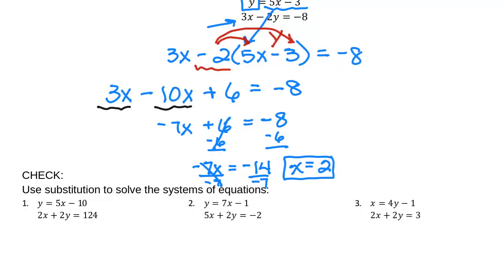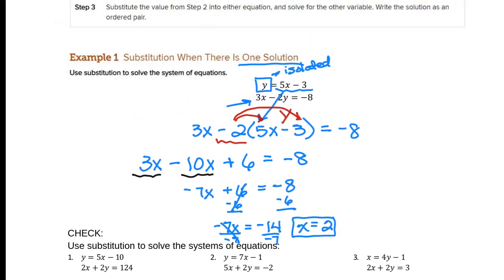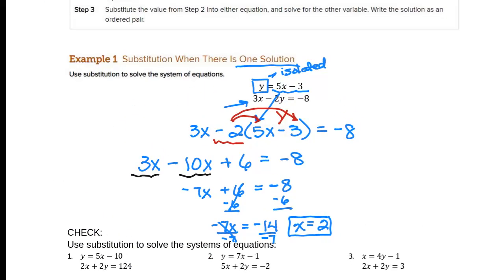That's the first part of my answer, because now I have to solve for y. So you are going to substitute this x equals 2 back in for x in one of these two equations. Now, the first one already has y by itself.